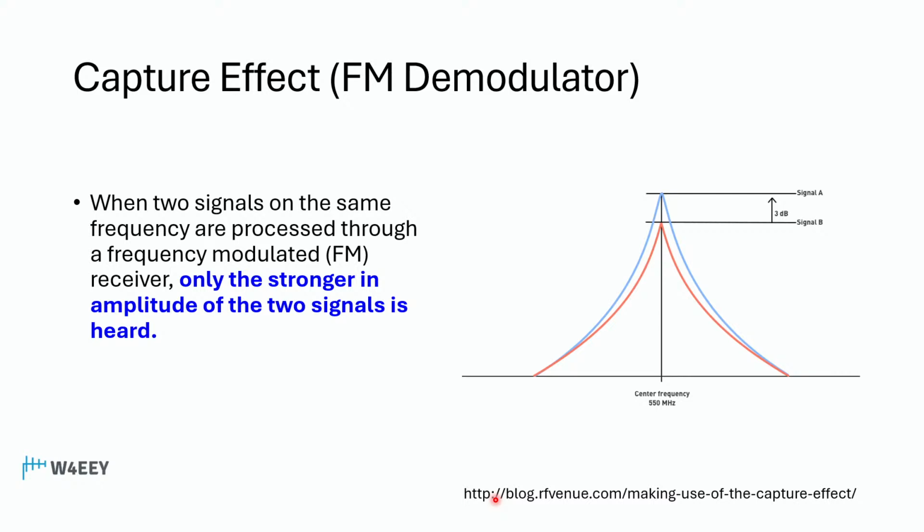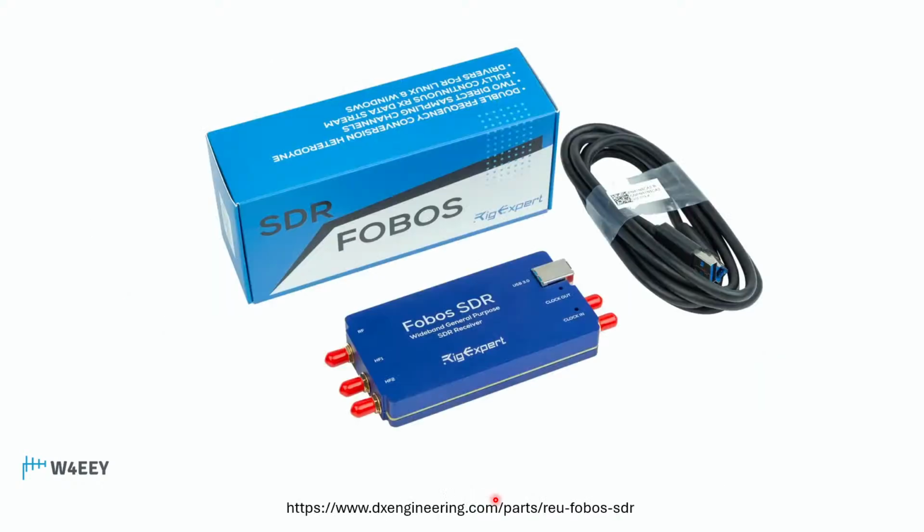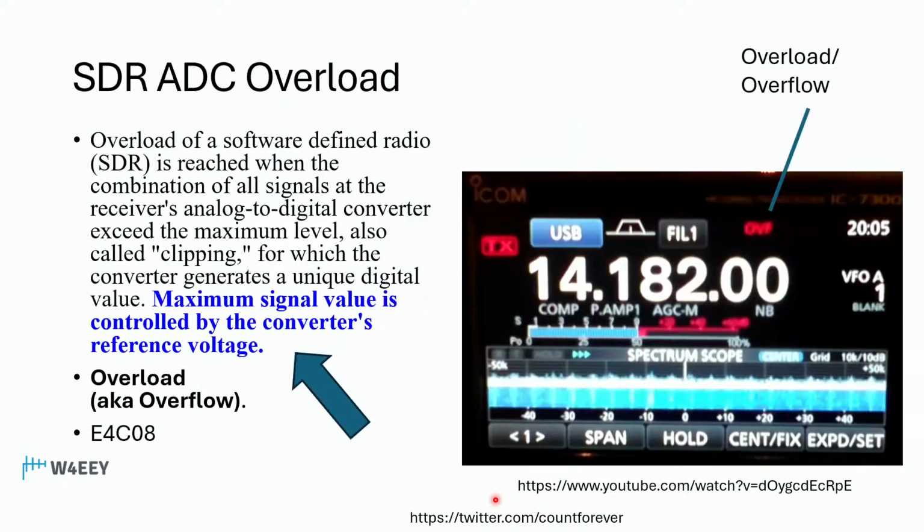All right, I added this slide, and why did I add this slide? Oh yes, for software-defined radios. There are various different kinds of SDRs out there, and we have to be concerned with SDR analog to digital converter overload.